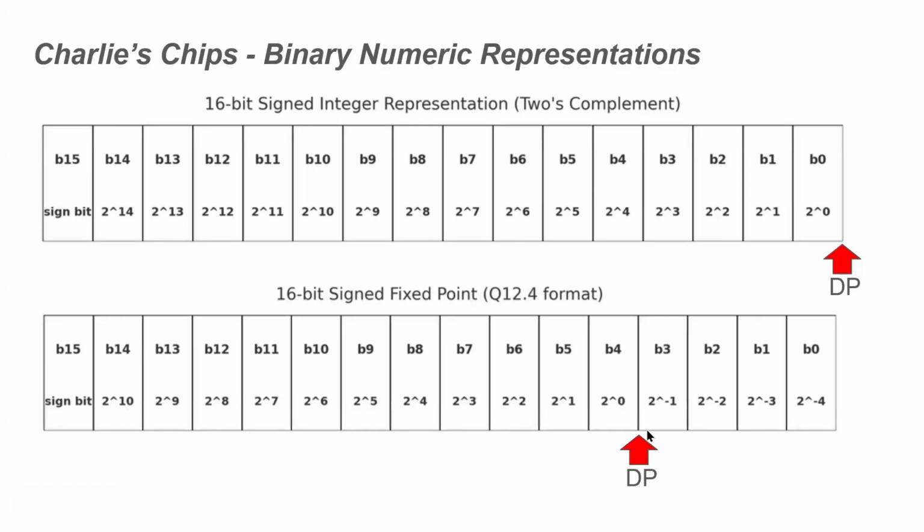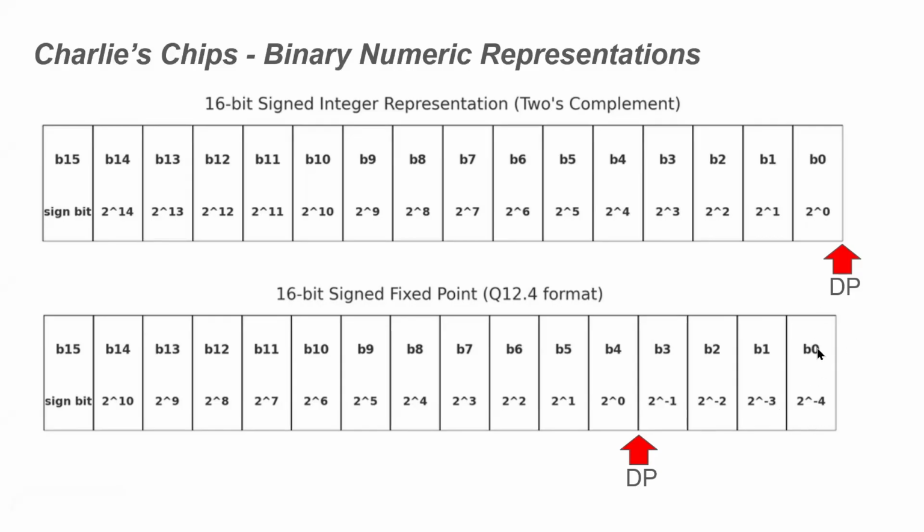Now, going to the right of our decimal point continues that same pattern: 2 to the minus 1, 2 to the minus 2, 2 to the minus 3, and 2 to the minus 4. So 2 to the minus 1 is a half, 2 to the minus 2 is a quarter, 2 to the minus 3 is an eighth, and 2 to the minus 4 is a 16th.